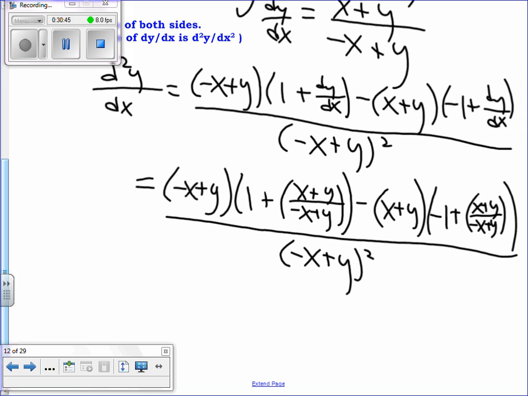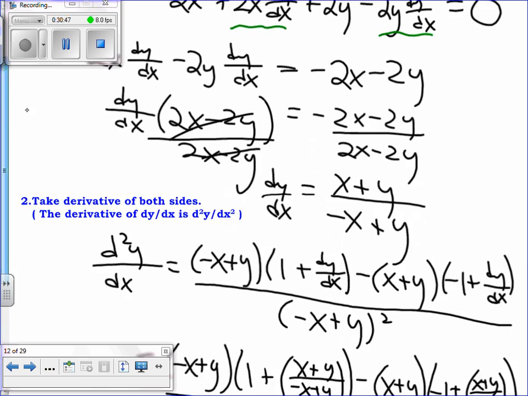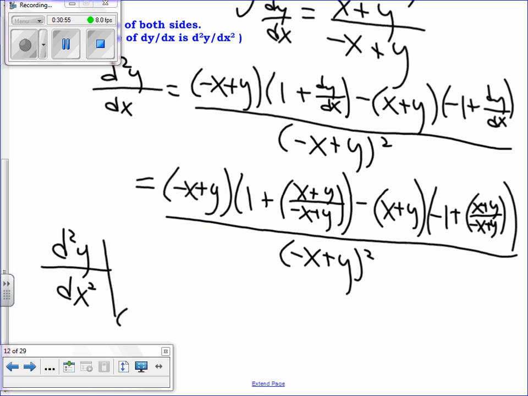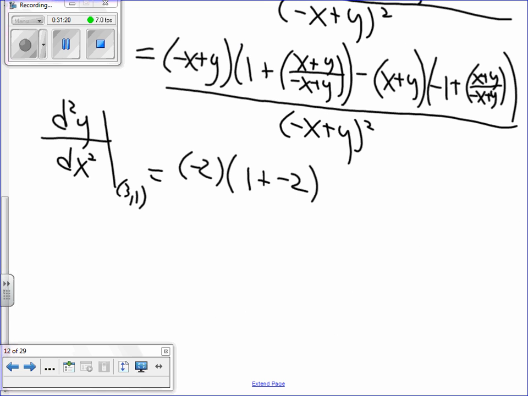But we do have to plug in the coordinates of the point. So the point was 3, 1. We want to get the second derivative at the point 3, 1. Negative 3 plus 1 would be negative 2. Oh yeah, we should figure out the derivative there. 3 plus 1 is 4 over negative 2.